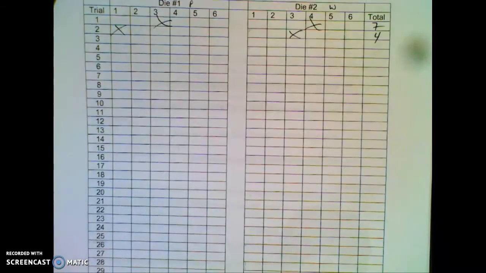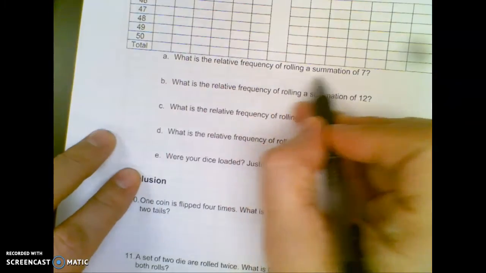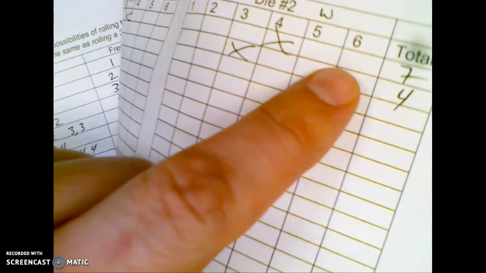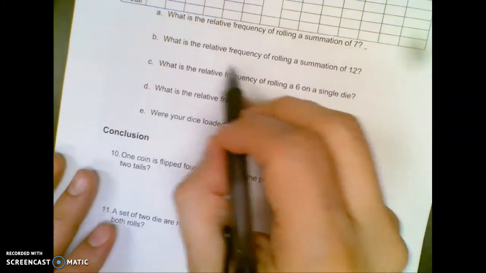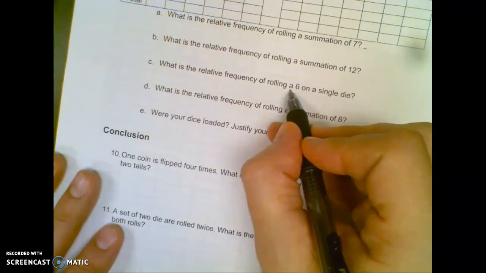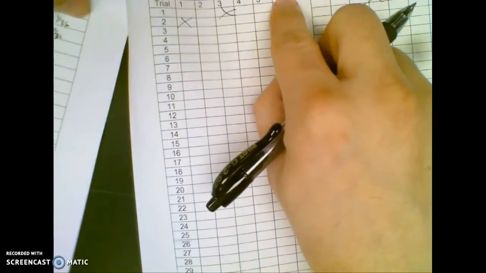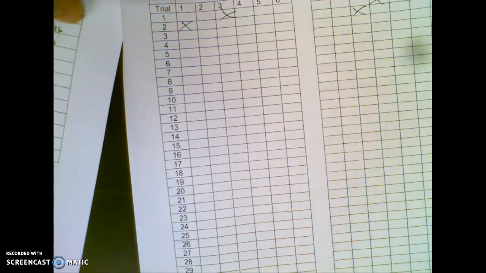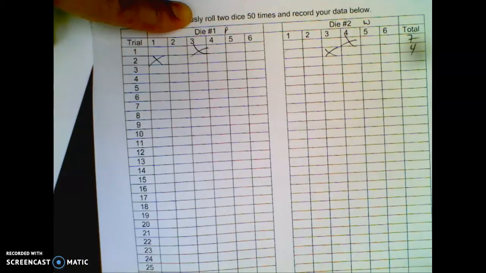The reason you're doing this is at the end, it asks you some relative frequency questions. For the sum of 7, you just have to count how many out of 50 came out to be a 7. For the relative frequency of rolling a 6 on a single die, I would have to go through and count all the 6s that happened on P and all the 6s that happened on W, and that's actually out of 100.